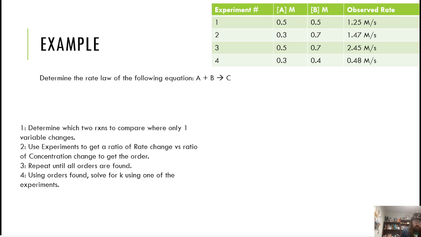So we have A, we have 0.5, 0.3, 0.7, 0.7, 0.3, 0.4. 1.25, 1.47, 2.45, 0.48. Okay. So with that in mind, let's look at the doc cam.